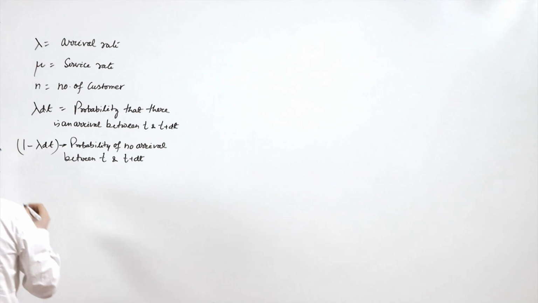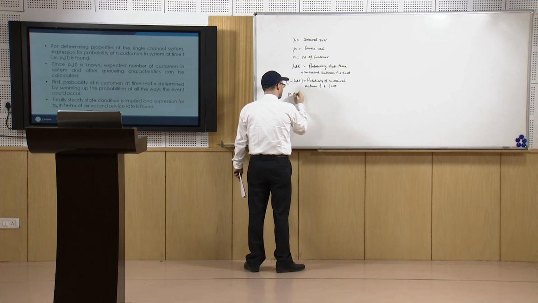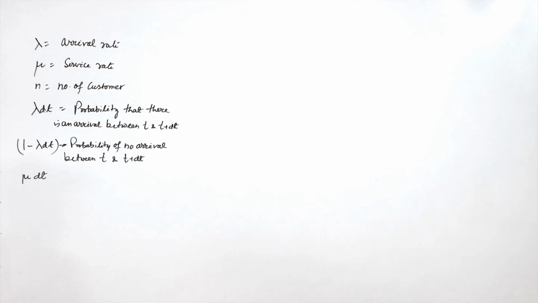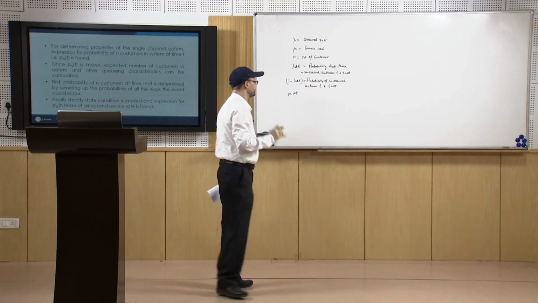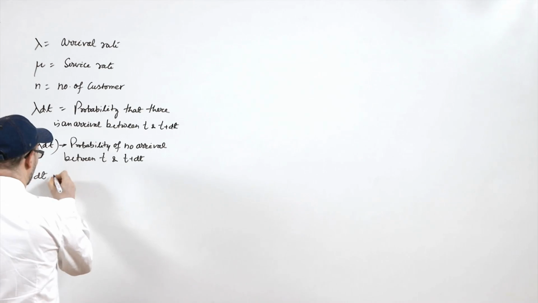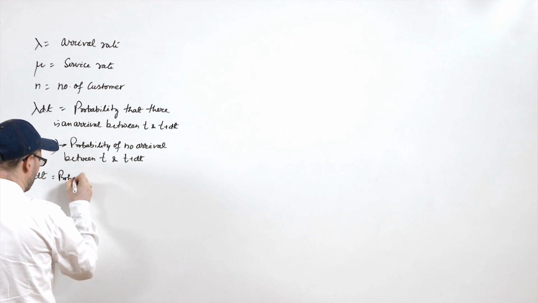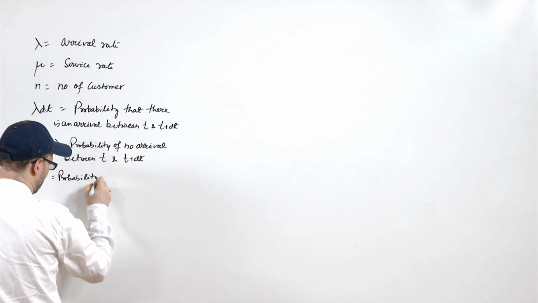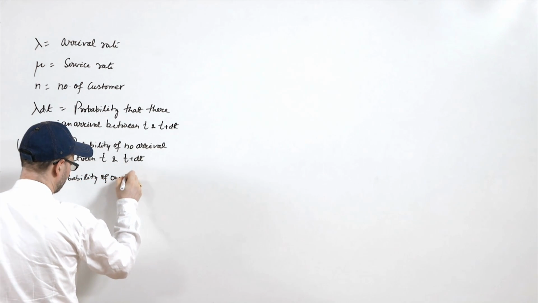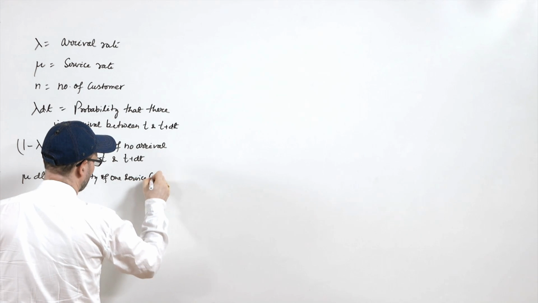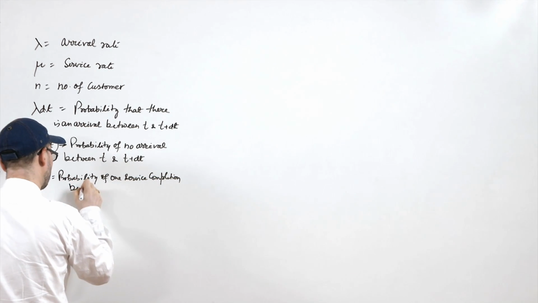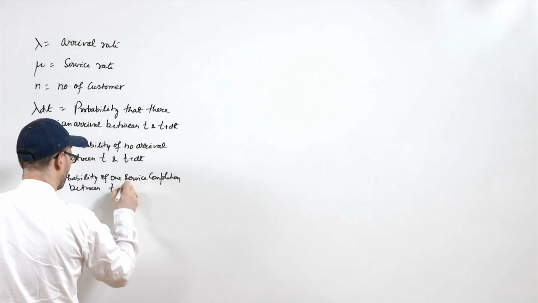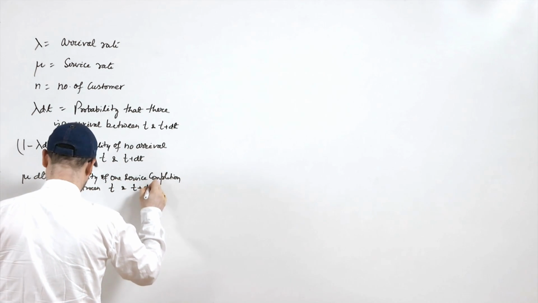Similarly, you have mu dt. Mu dt is the probability of one service completion, one service being done, between time t and t plus dt.